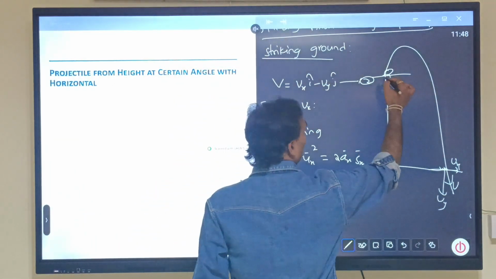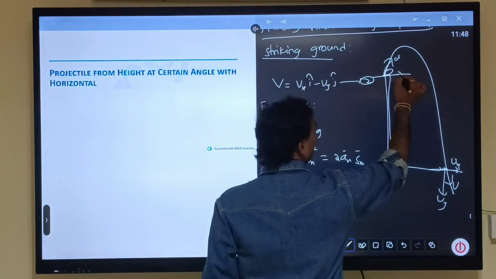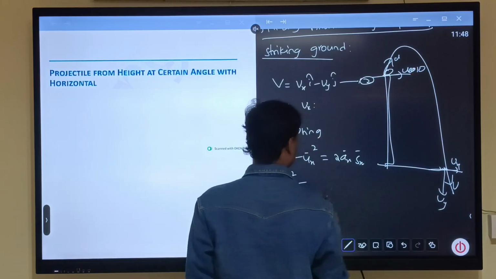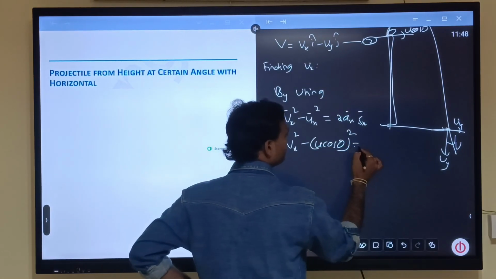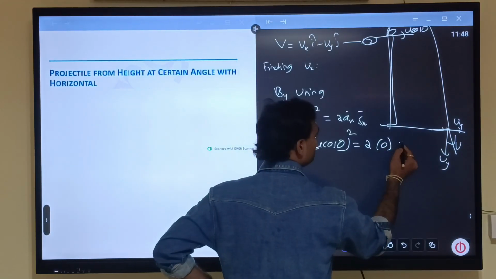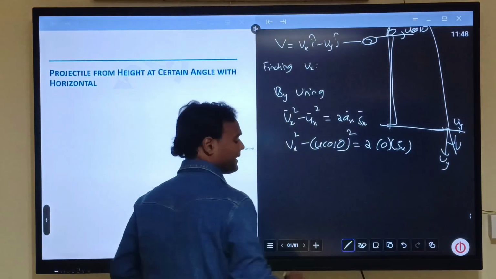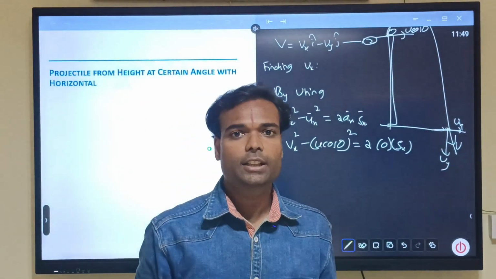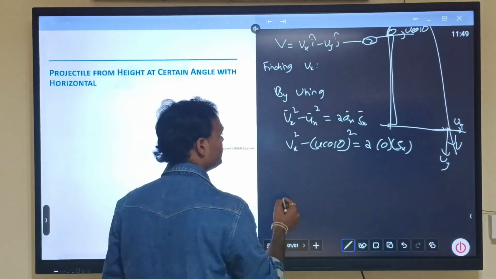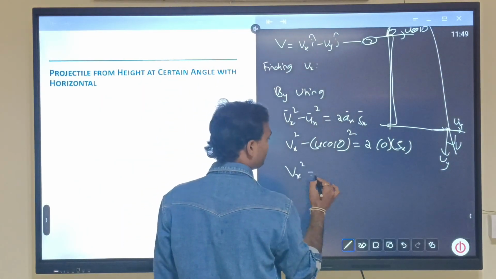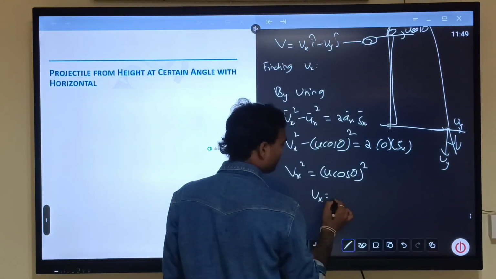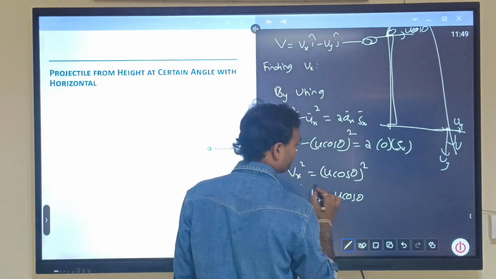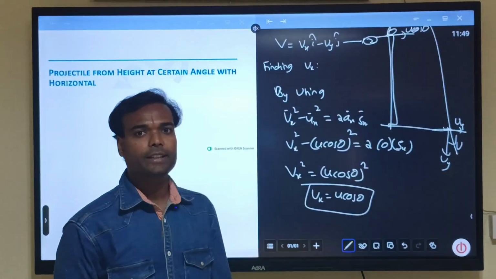Initially the velocity is u cos theta, and because the acceleration is not mentioned in the question, we consider ax equal to 0. Then Vx square equals u cos theta square, so Vx equals u cos theta.